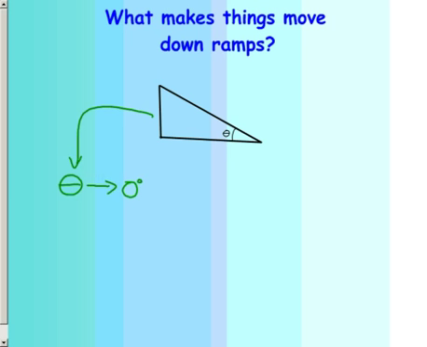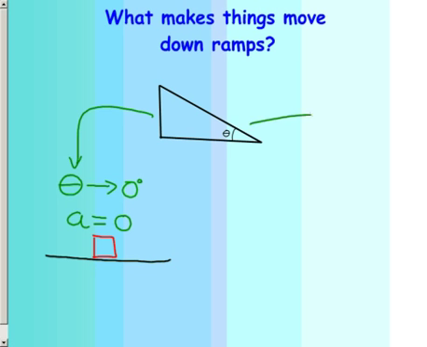Eventually, I'm going to have the ground. I'm not going to have a ramp at all. So now my little box that's sitting on my ramp is not going to move at all. We're going to have the acceleration equal to 0. It's not going to accelerate. It's just going to sit there. It's not going to move to the left or the right.